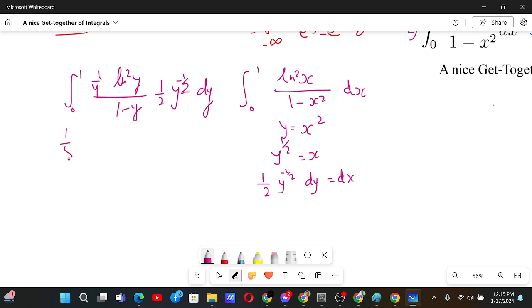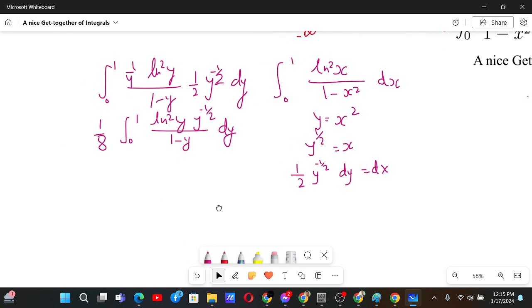Now 1 by 8 can be taken out, integral from 0 to 1 of ln square y times y to the power minus 1 by 2 by 1 minus y dy. Now it's in the form that I mentioned earlier, and so now we can use the digamma function, and let's see how.